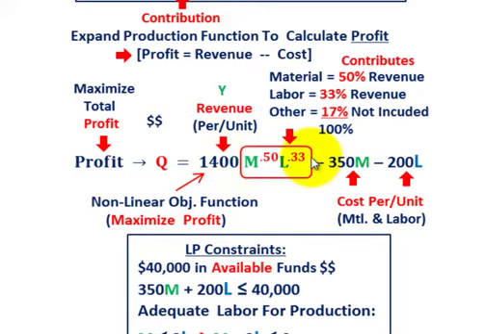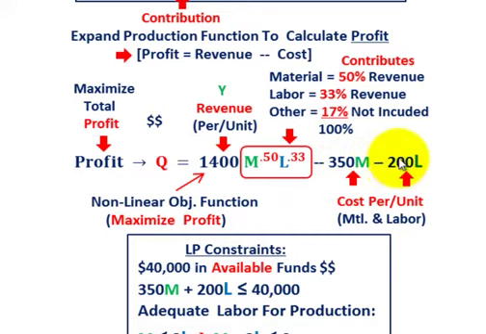And then what we're going to add in here that we typically don't see in this production function, we're going to subtract out our material cost on a per unit basis. In this case, for manufacturing this product that we're selling for $1,400, it's going to cost us $350 in material, a unit cost in material.